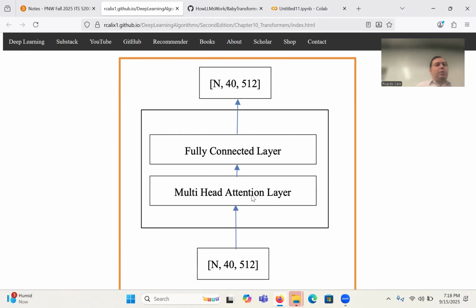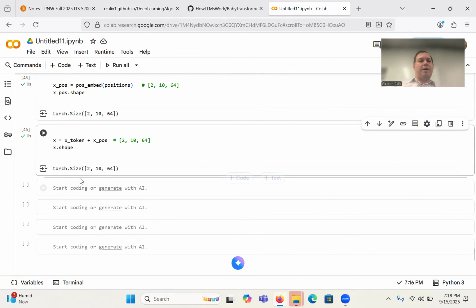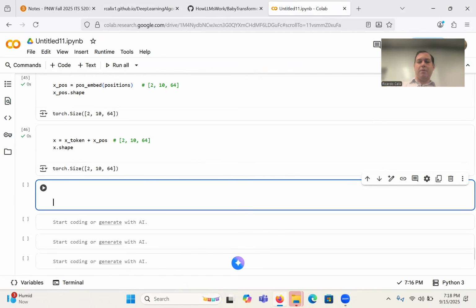We do it in parallel and concatenate them. Once we get that final one, there's just a fully connected layer, from 512 to 2048 or whatever, and then 2048 back to 512. That's it. So that's what we're doing right now. I have my initial tensor 2 by 10 by 64, because that's what I'm using.